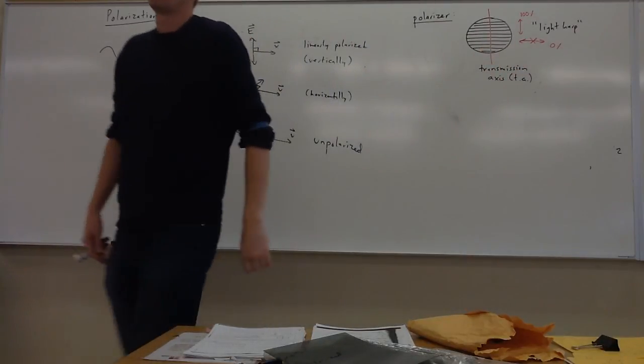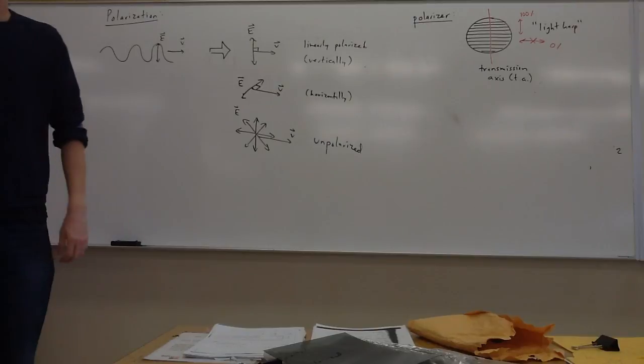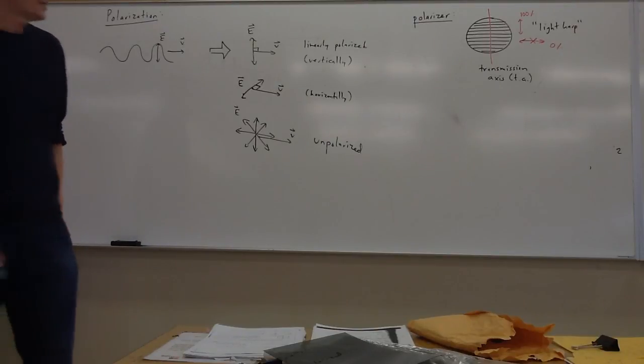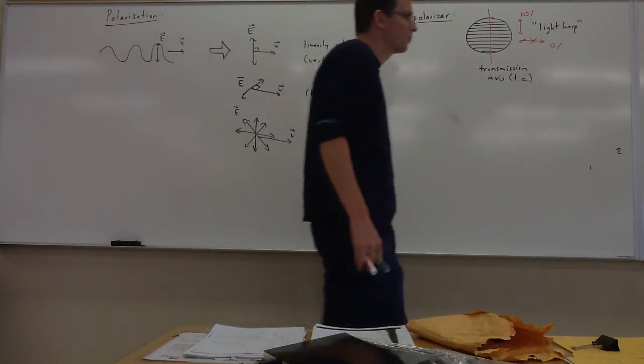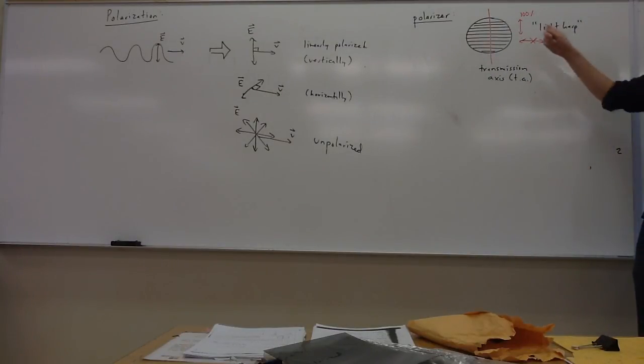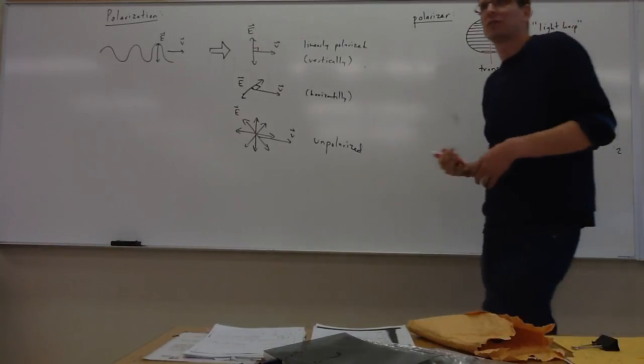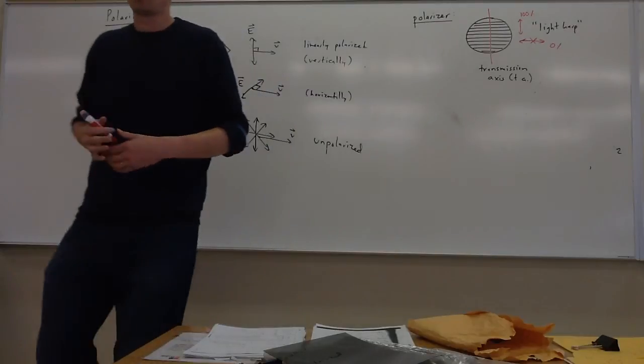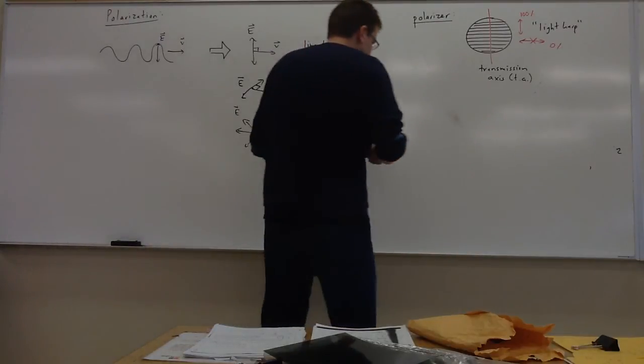Okay? So let's go ahead and try to analyze what happens if we have some kind of diagonal thing. If we don't have it perfectly lined up, or perfectly not lined up, we can of course have some intermediate case. So let's talk about that.